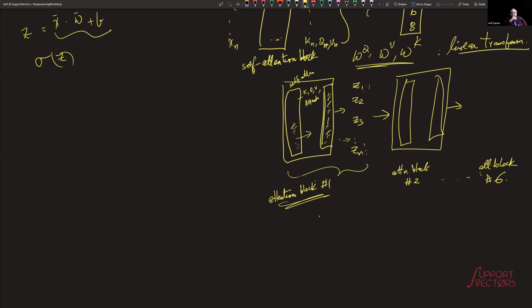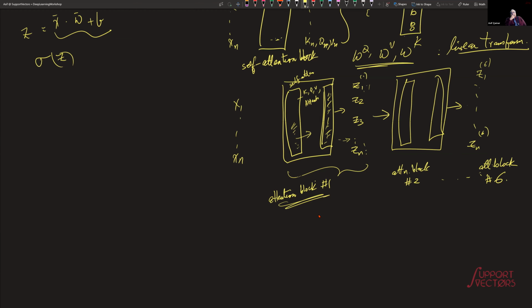Right? And so you take these blocks, and so your input x1 to xn goes in, and finally when it comes out of the last block, you will again get Z1, except that this is Z1 of the 6th block, all the way to Zn of the 6th block.